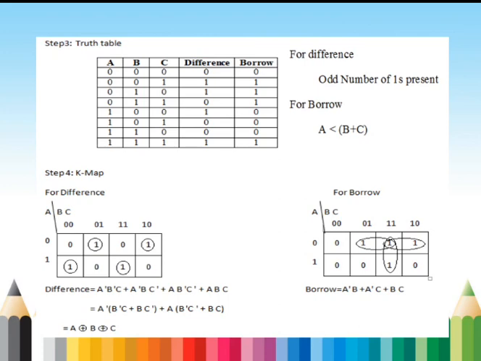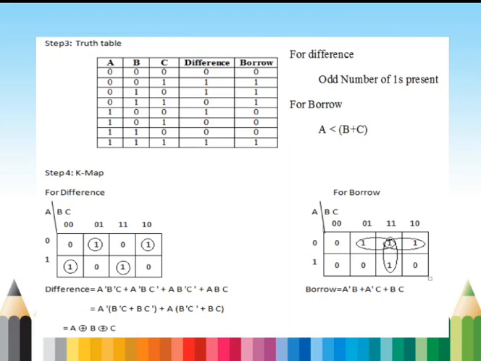By transforming these difference output values into a K-map and grouping 1, 2, 4 and 7 individually, it is similar to the full adder. The difference output for the full subtractor is similar to the full adder, that is A XOR B XOR C. Similarly, borrow will be enabled only when inputs are 1, 2, 3 and 7.